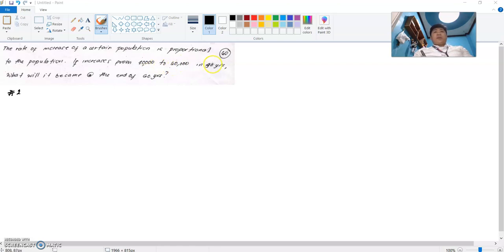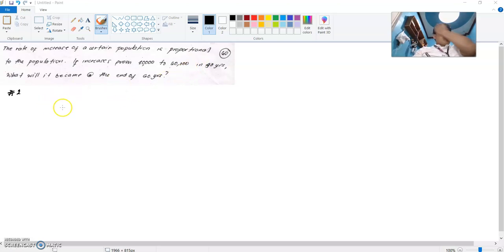After 40 years, it becomes 60,000. So what will it become at the end of 60 years? What is your expected growth? Let's look at it.